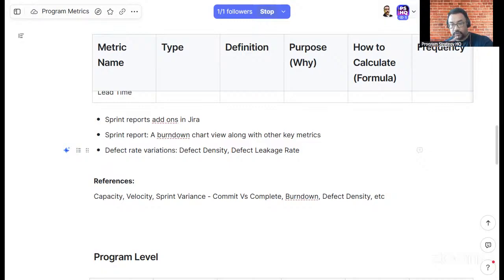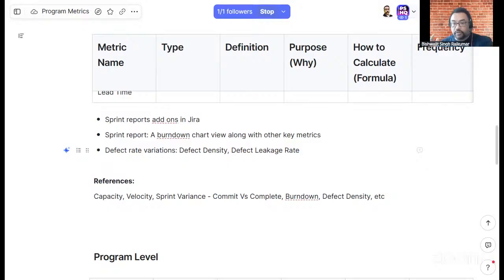Oh, okay, this is a slightly different variation. So this is about the defect rate within the sprint. There are two; the other one is the defects found in production.